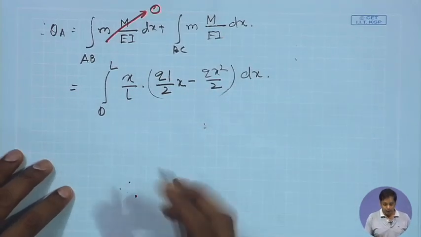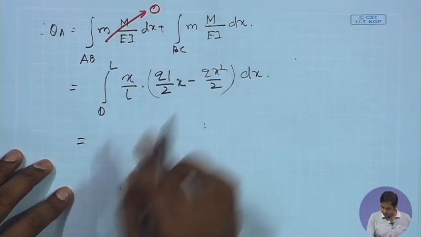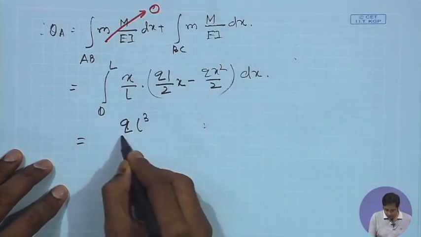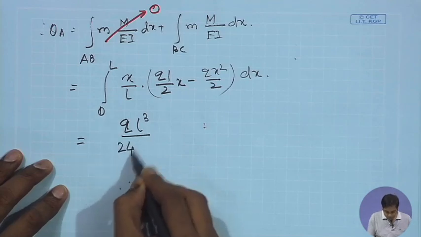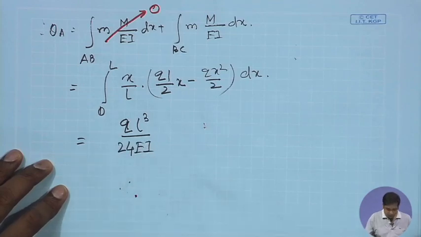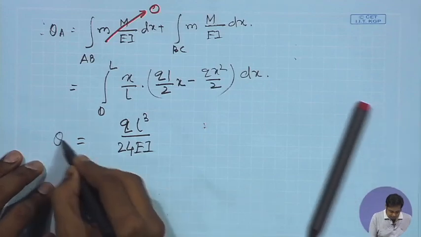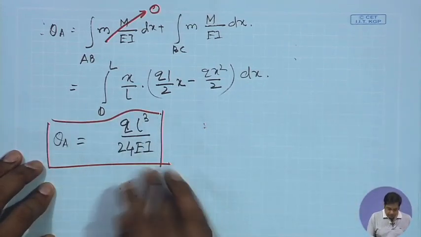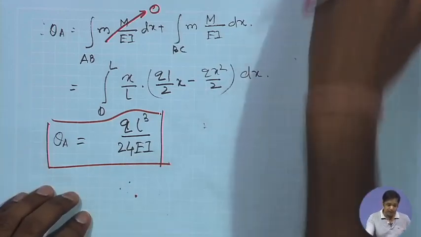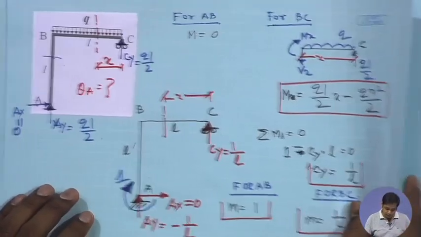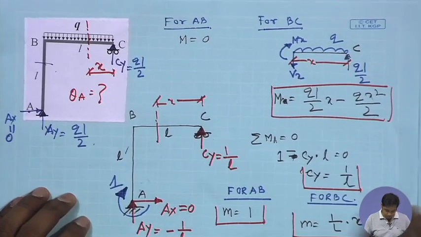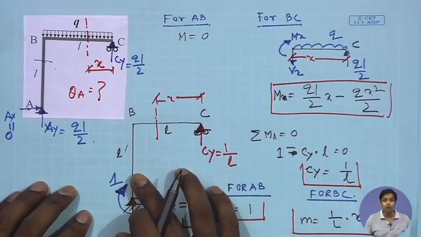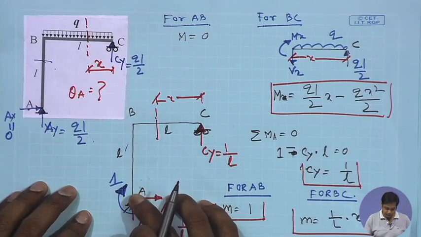Now, if you do this integration, what you get is q L cube by 24 EI. So, this is theta A. Now, theta A is positive, it means that the rotation will be in the direction of the applied unit load. So, rotation will be like this.